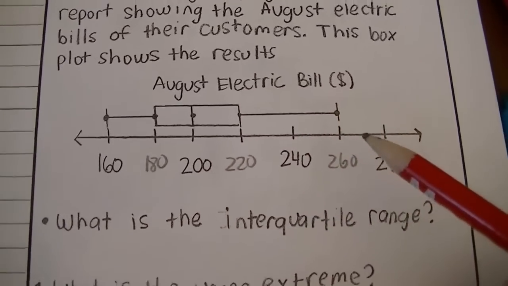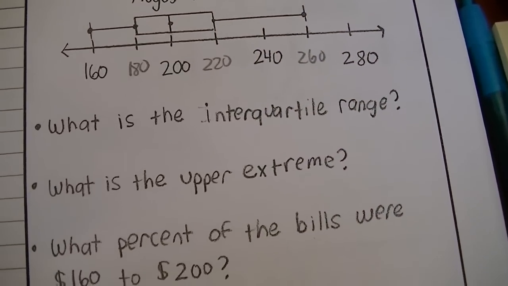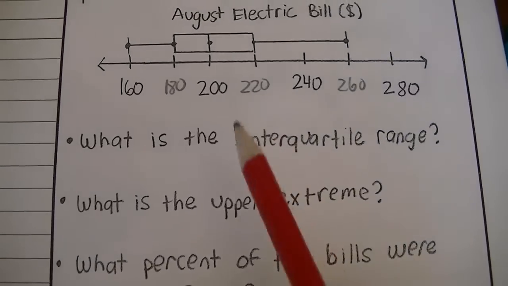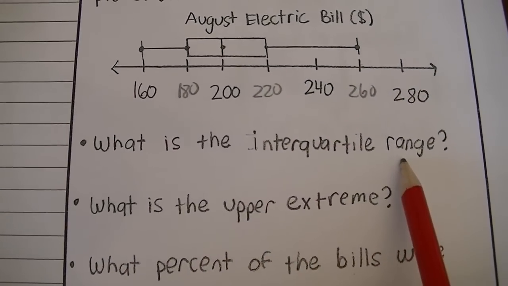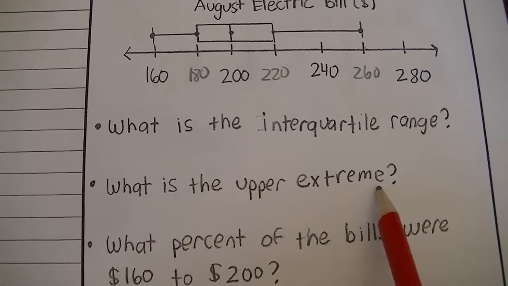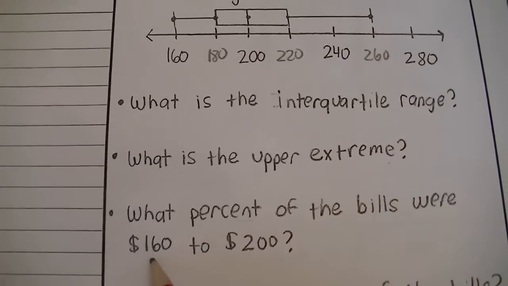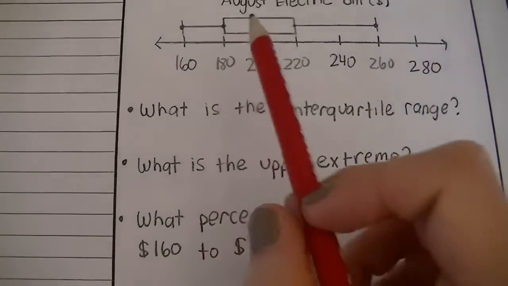So you're going to answer these questions on your own. And if you're confused at all, you're going to flip back to the front page of these notes and figure it out, okay? What is the interquartile range? What is the upper extreme? What percent of the bills were $160 to $200?